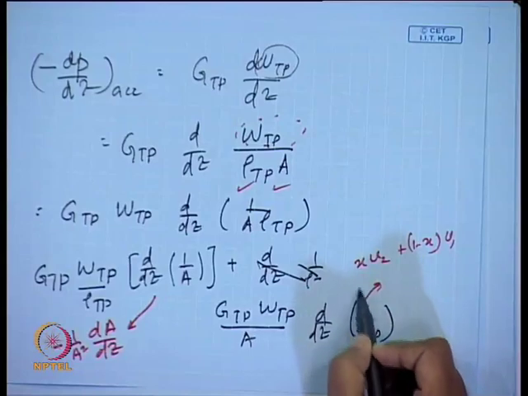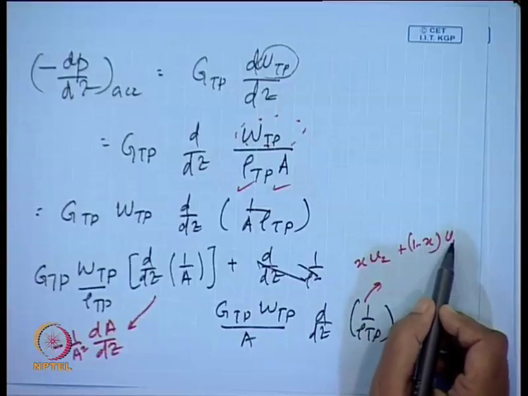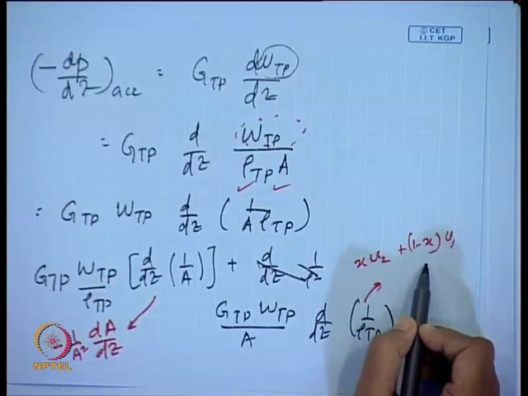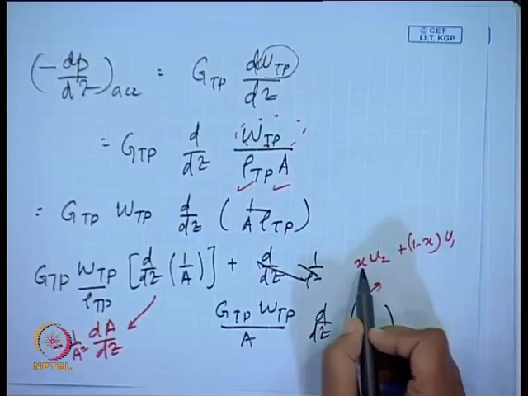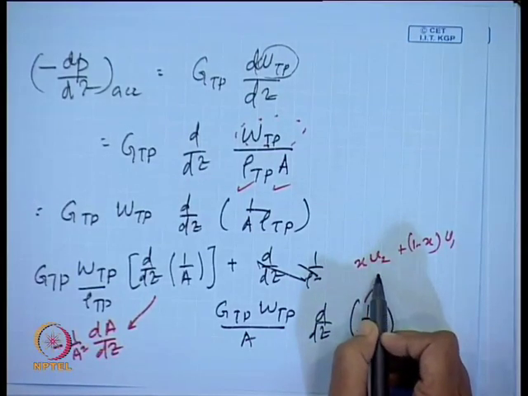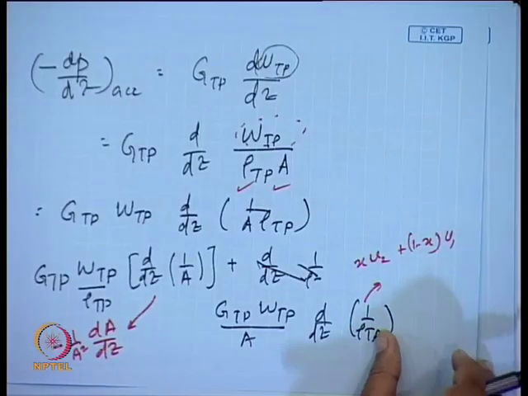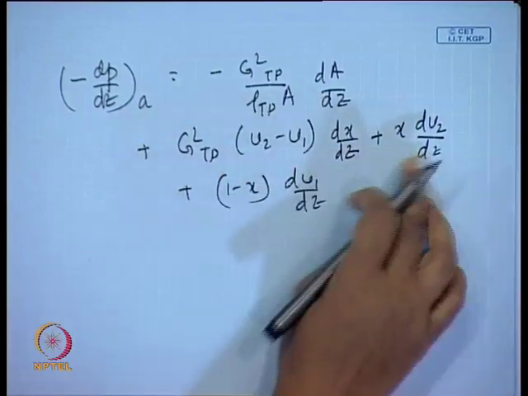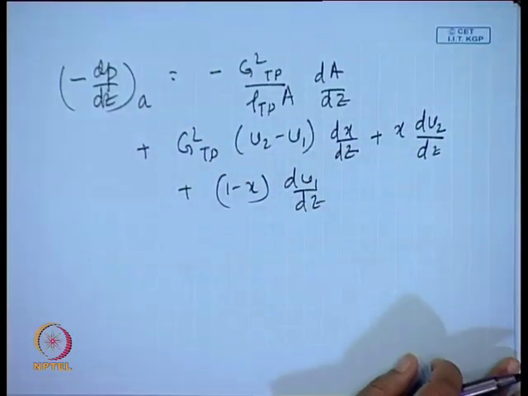So, from here if you differentiate, we get V2 dx/dz plus V1 minus V1 dx/dz, agreed, and then we get x dV2/dz and (1 minus x) dV1/dz, is it not. So, I have combined all of them and this is the total expression.